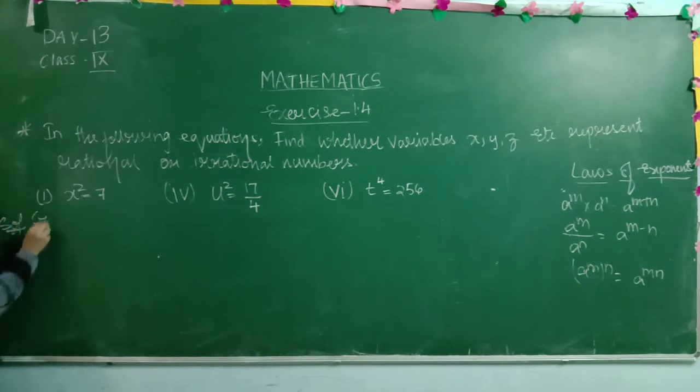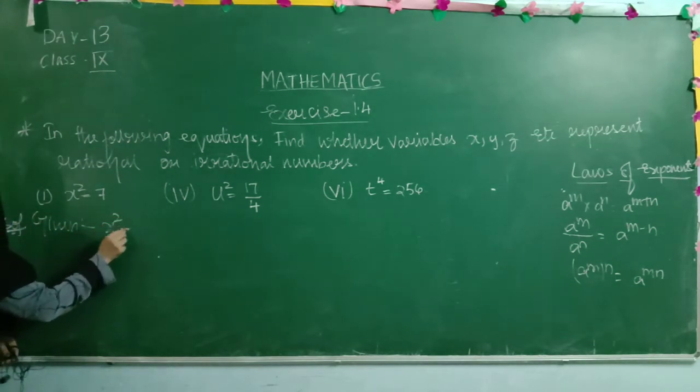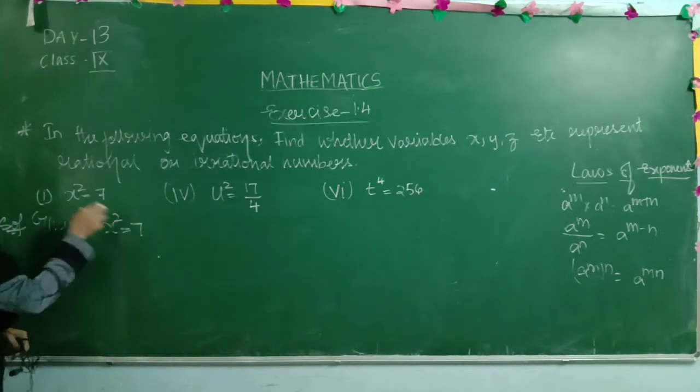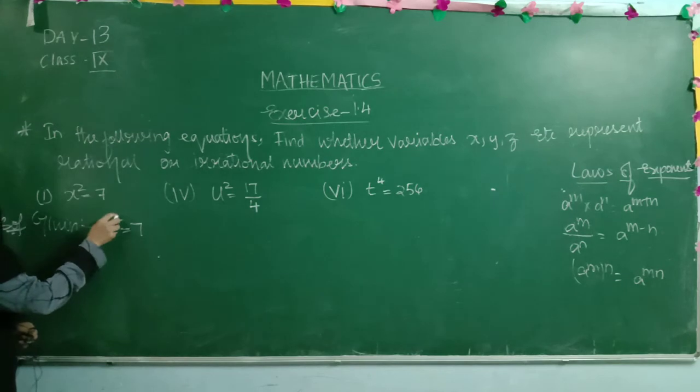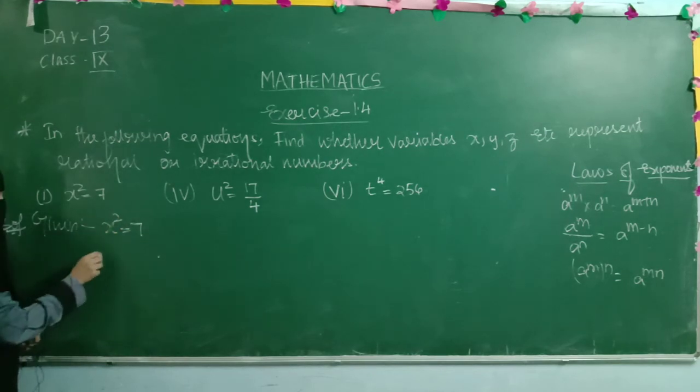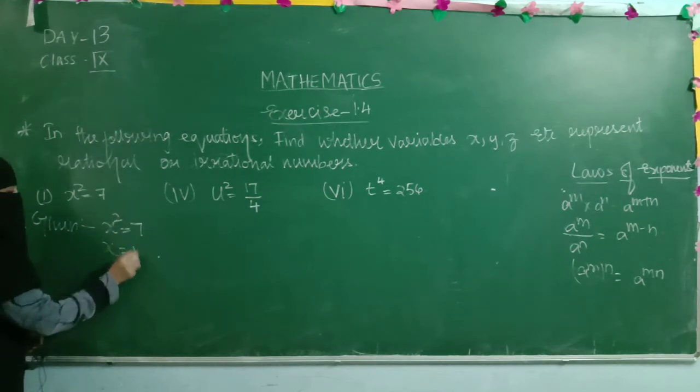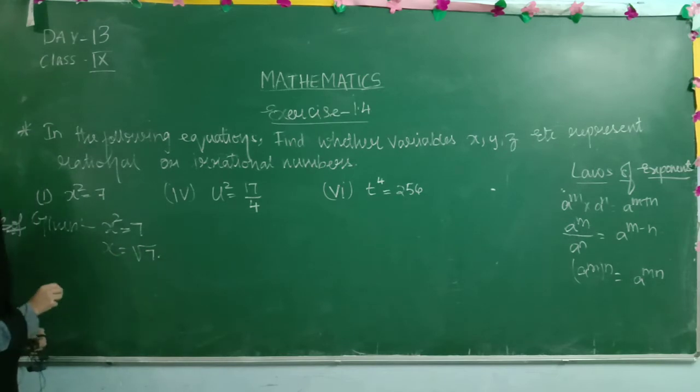Solution. First we need to write the given. What is given? x square equals 7. We read this as x square equals 7. Now we remove this square and give it to the other side, so x equals under root of 7. Fine. x equals root 7, and we know very clearly that root 7 is an irrational number.